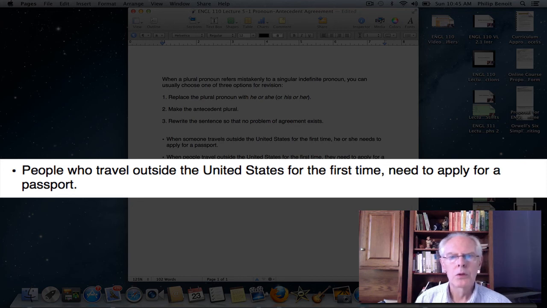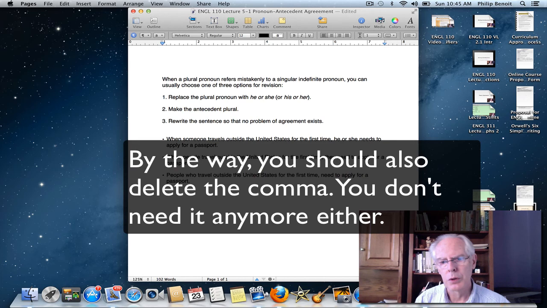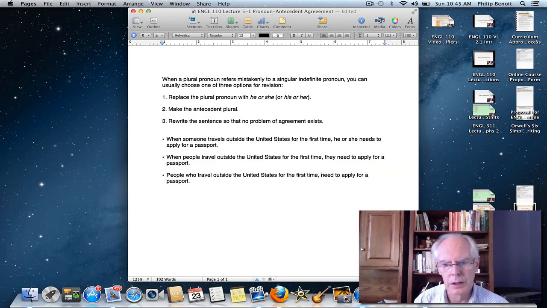And it says, people who travel outside the United States for the first time need to apply for a passport. So we've restructured our sentence. We've rethought how we're going to express this particular thought, and I think that works just fine. In fact, it works perhaps better than the other two options above, both of them.